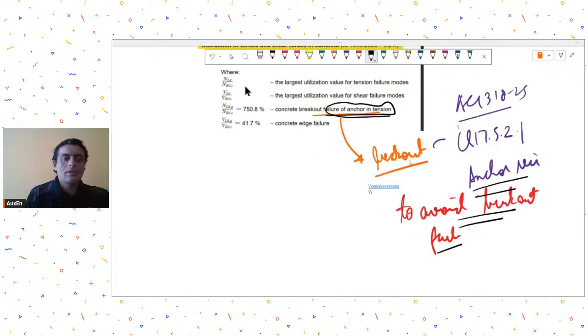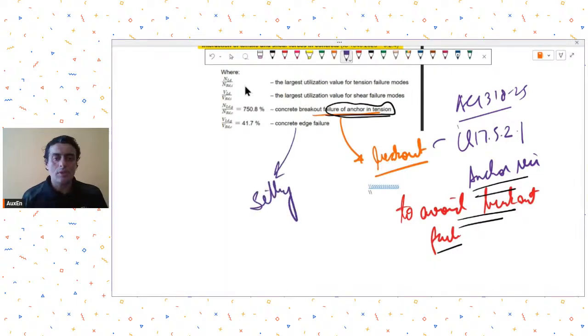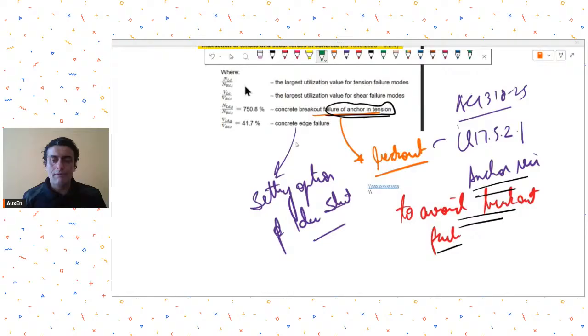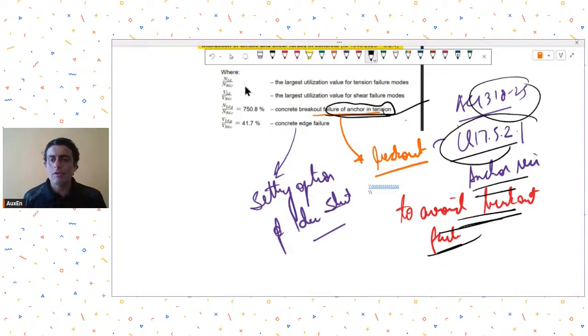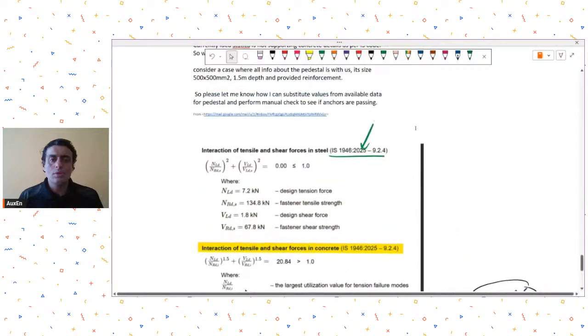So if you are providing this reinforcement, then in the settings option of Idea Statica, you will see an option to switch off the check for breakout. You just switch off that check and then provide the anchor reinforcement as per 17.5.2.1 of ACI 318-25, and then you should be good enough to proceed with your pedestal size.